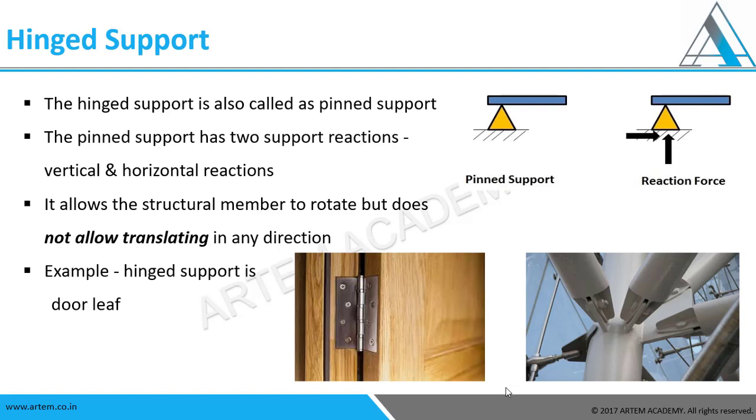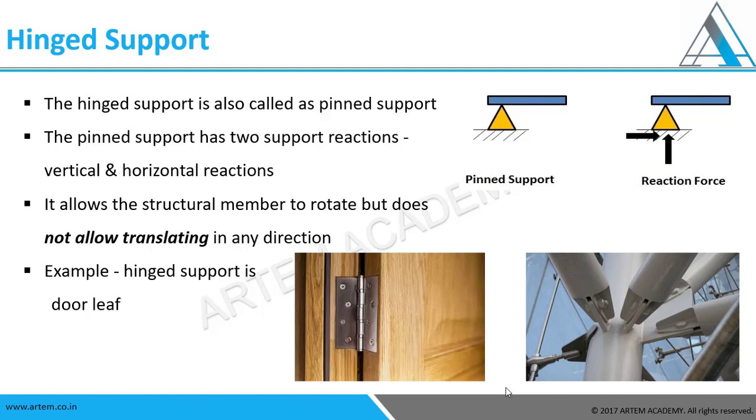The next one is hinge support, also called pinned support. You can observe here that reactions in the vertical and horizontal directions are allowed, whereas it is free to move in rotation. The best example we use in day-to-day life is a door with a hinge.